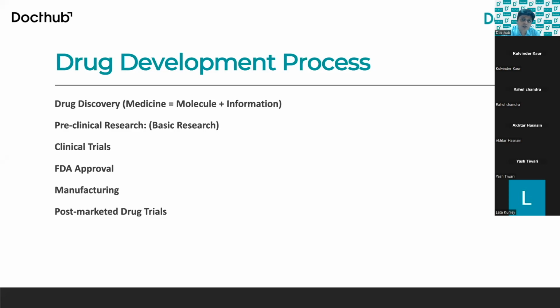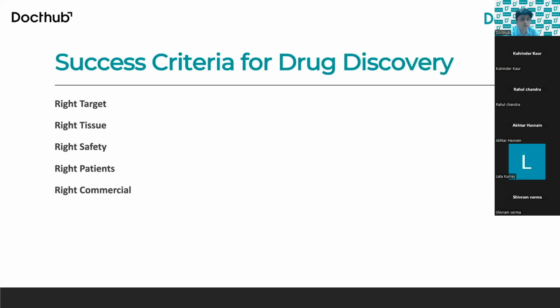In India, it is the Food and Drug Control Administration, the FDCA department, where you need to apply with the drug regulatory documents. Once you get approval for manufacturing, the pharmaceutical company manufactures that drug. And the last stage is, after manufacturing, they do post-marketing drug trials along with clinics, doctors and hospitals. So this is the basic current process.